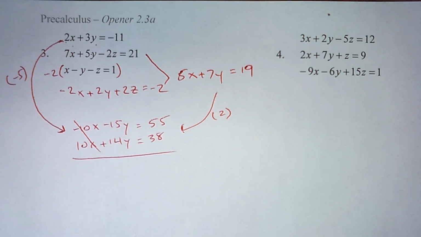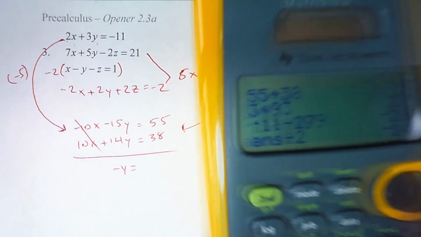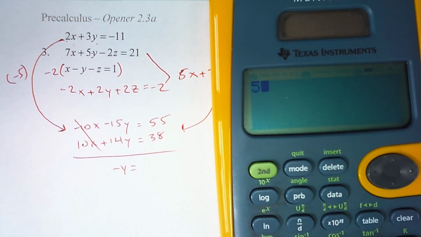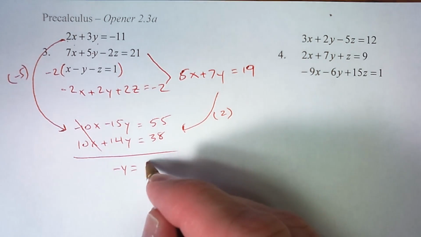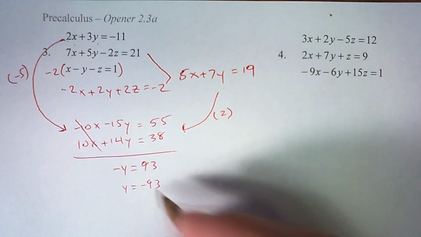And my x's cancel. I get negative y equals, okay, so then I have 55 plus 38, so that equals 93. Negative y equals 93, so y equals negative 93.